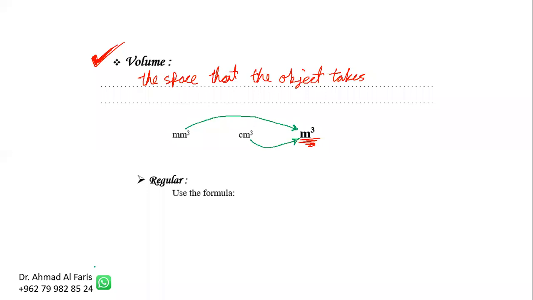Okay, so we know that the volume equals length times width times height. From millimeter cubed to meter cubed, we are going to divide by 1,000 cubed, which is a billion. From centimeter cubed to meter cubed, we have to divide by 100 cubed, which is a million.